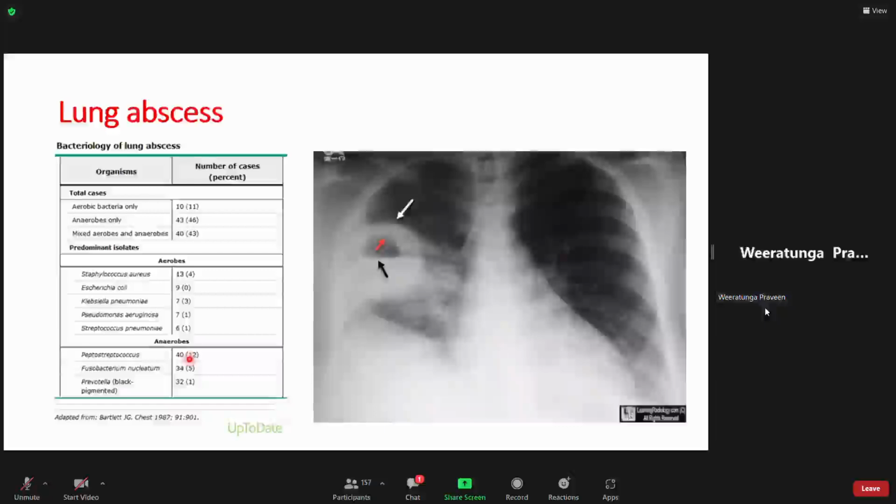But the important thing to remember is a lung abscess is a mix of organisms. A single organism causing a lung abscess is rare. You will find a mix of organisms, both aerobic and anaerobic. So please write that down.